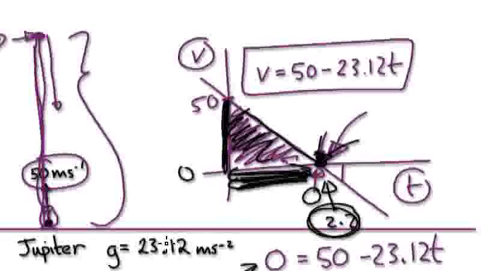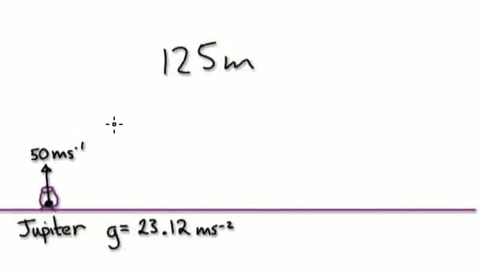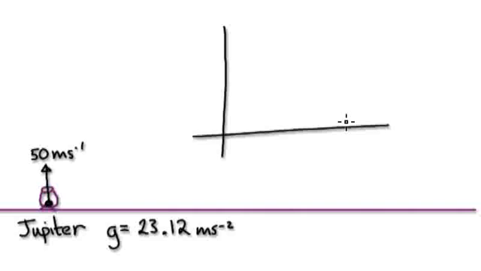So remember when we did this on Earth, the maximum height was 125 meters. Now on Jupiter, what was it? What was that earlier? Oh, it was whatever it was. Okay. Now you're going to do it on the moon. So the trick is to immediately jump to the velocity time graph.